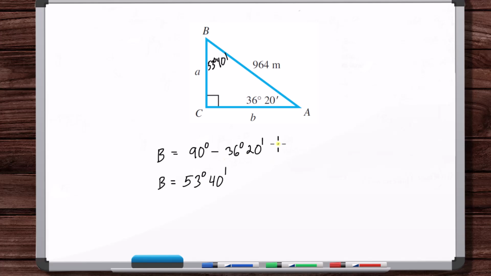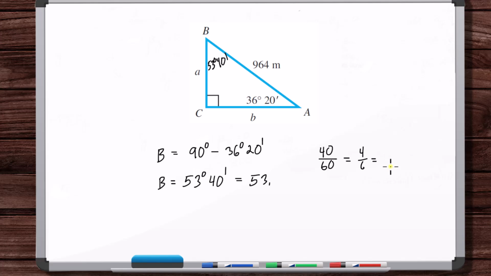There we go. Now we can use trigonometry to get one or both of the side lengths. We can get one side length and then use the Pythagorean theorem if we want. I'm sure you could input minutes into some calculators, but let's convert to decimal form so we can input that into the calculator. Angle B is 53 point something, and since there are 60 minutes in a degree, 40 divided by 60 is 4/6, that's 2/3.